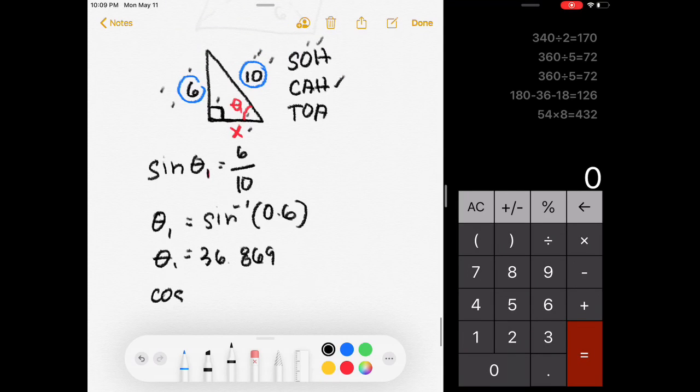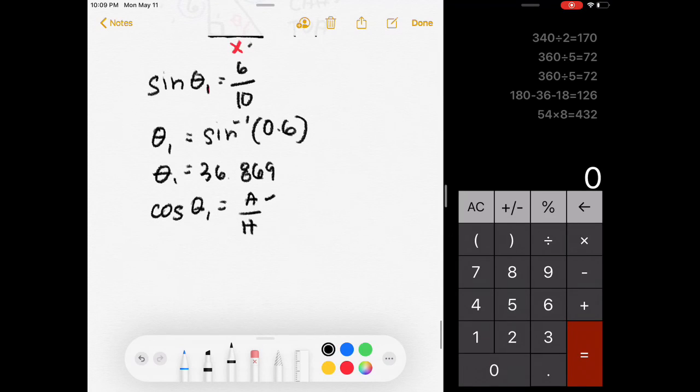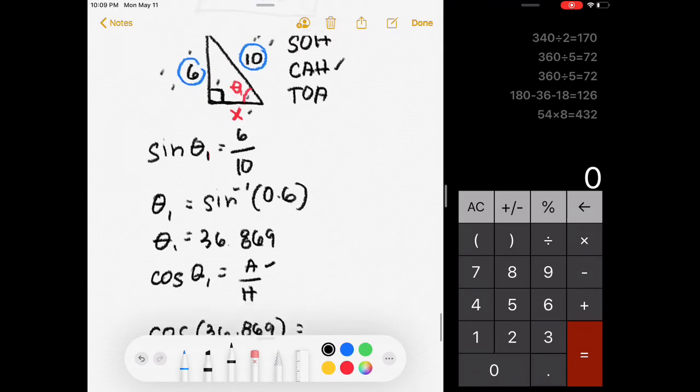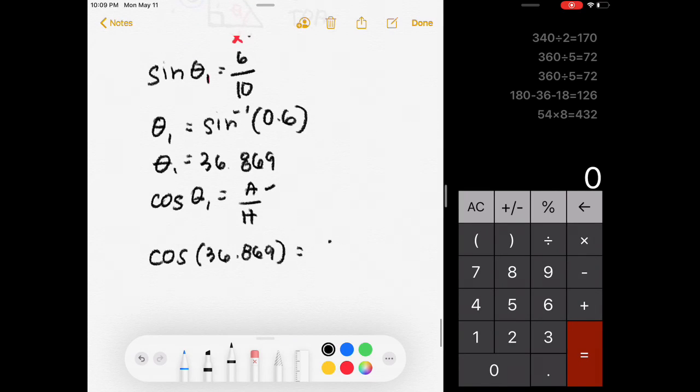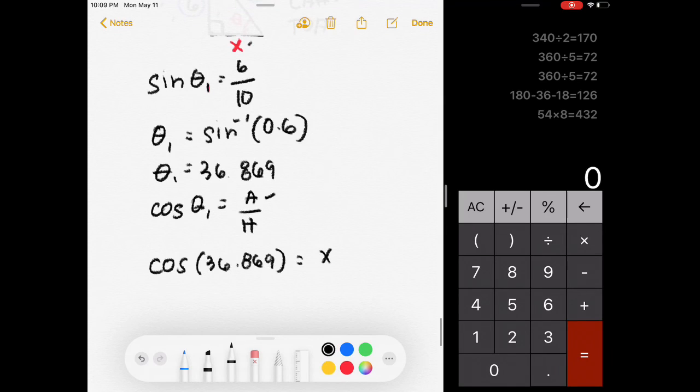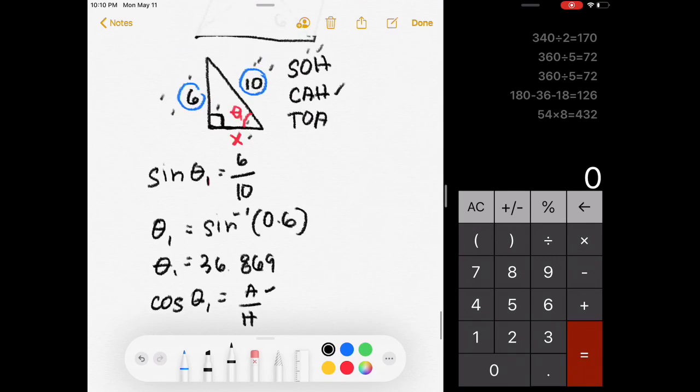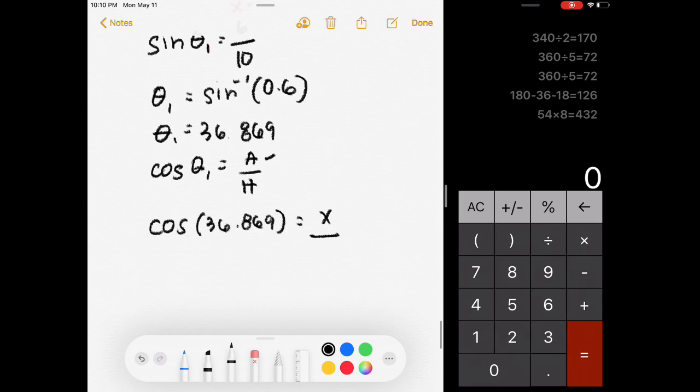Cosine theta 1 equals adjacent over hypotenuse, which is the missing x. So, cosine of 36.869 equals x over the hypotenuse 10.